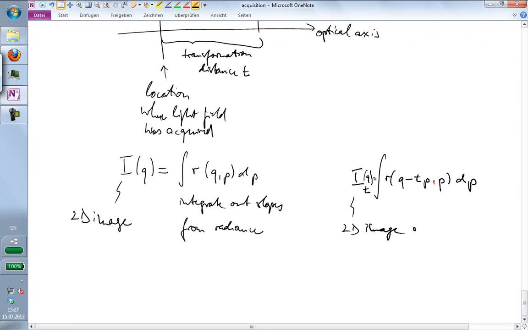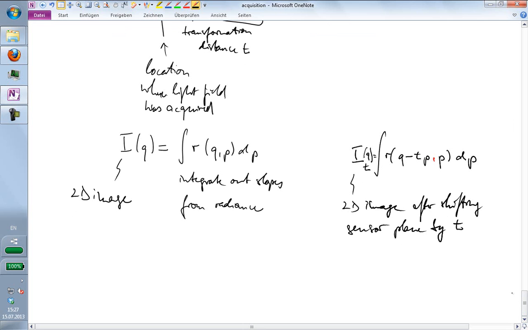So this is my 2D image after shifting my sensing plane by t. And there you are.